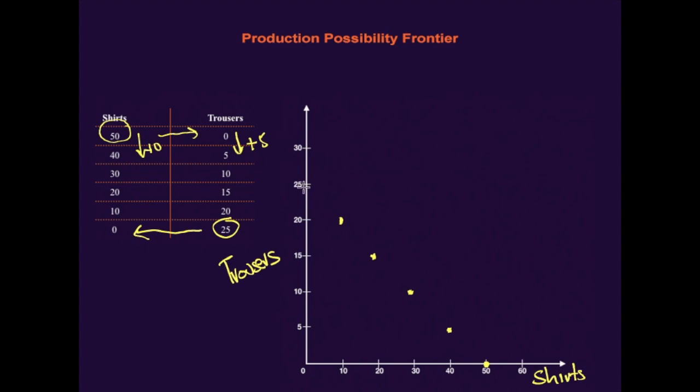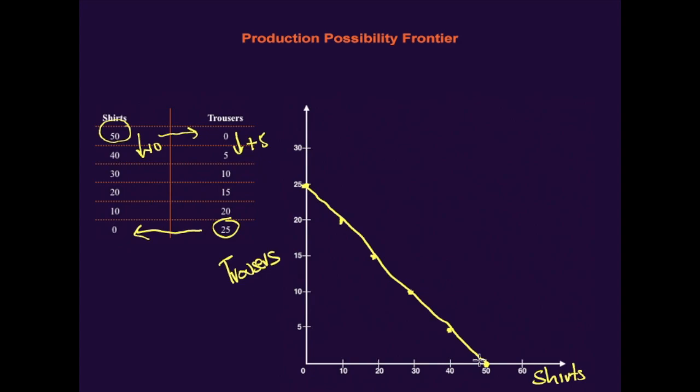And then if you use all of your resources to produce trousers, it will be 25 trousers with 0 shirts. So let's connect this line. It will be a straight line.